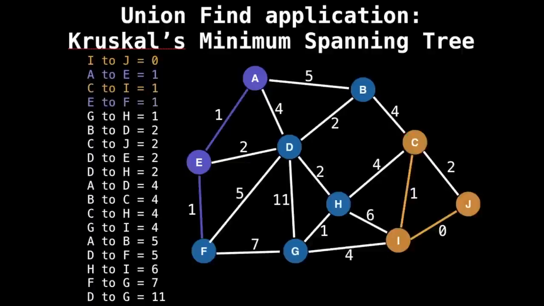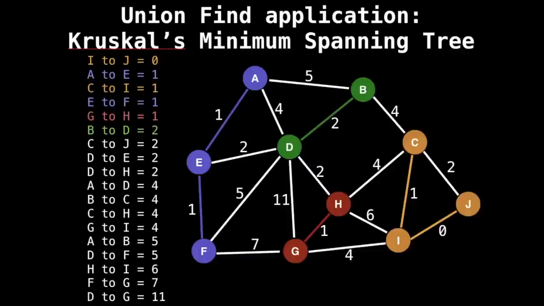Alright, E to F. F doesn't belong to a group, so F can go to group purple. Next, H and G. Neither H nor G belong to a group, so I'm going to say you guys belong to the red group. Next, we have D to B. They also don't belong to a group, so give them their own group.